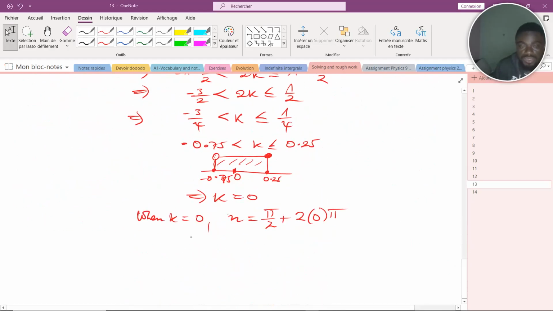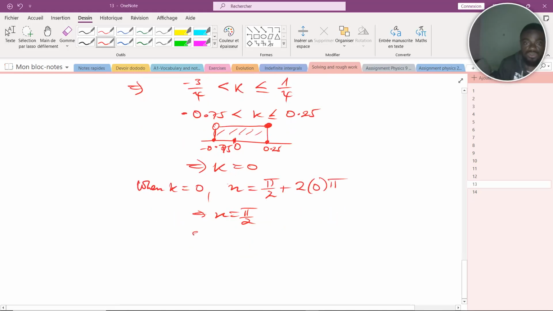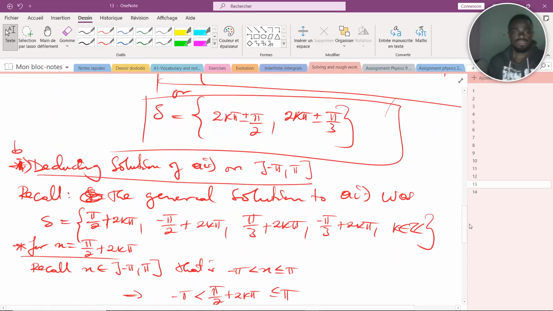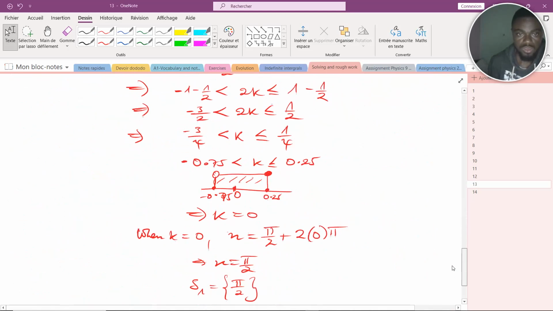So it implies x will be equal to pi on 2. So for the first one, we know that the solution must be equal to pi on 2. Is that okay? Perfect.